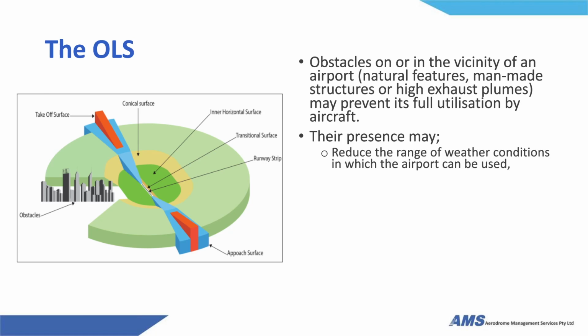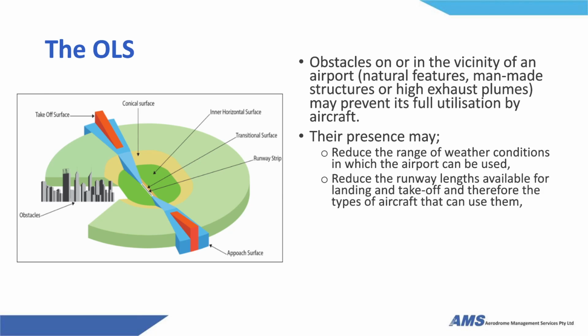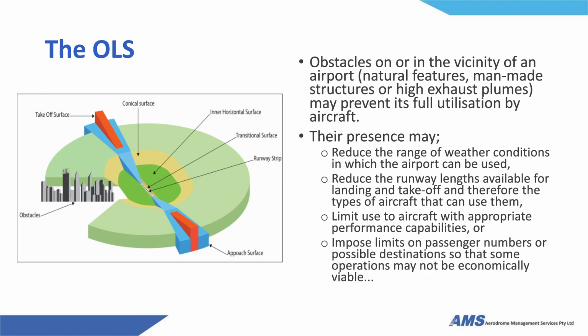Their presence may reduce the range of weather conditions in which the airport could be used, reduce the runway lengths available for landing and takeoff, and therefore the types of aircraft that can use them, limit use to aircraft with appropriate performance capabilities, or impose limits on passenger numbers or possible destinations so that some operations may not be economically viable.